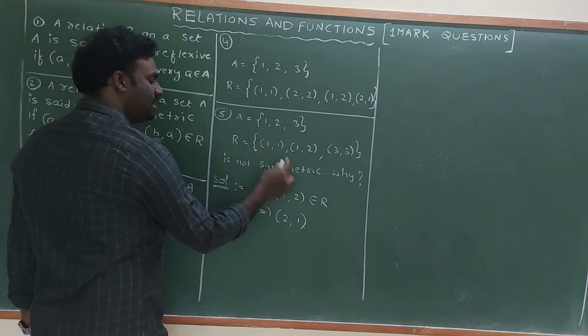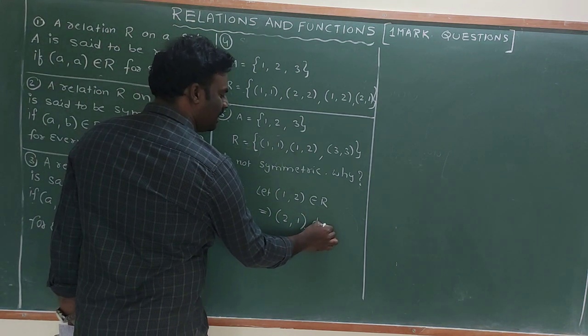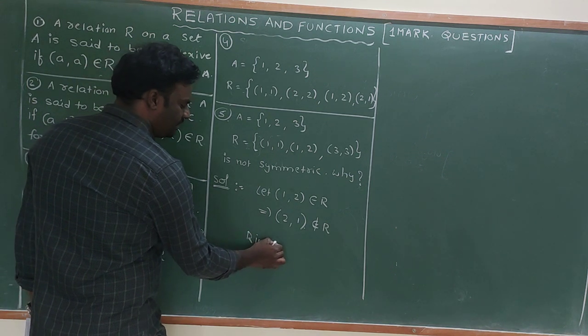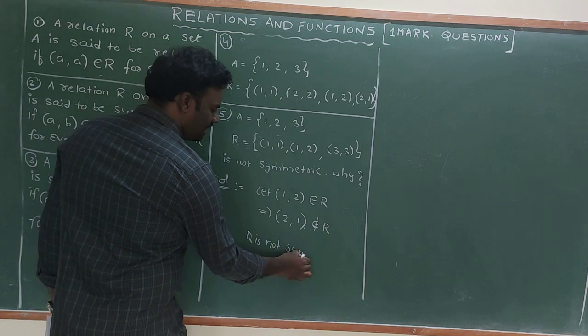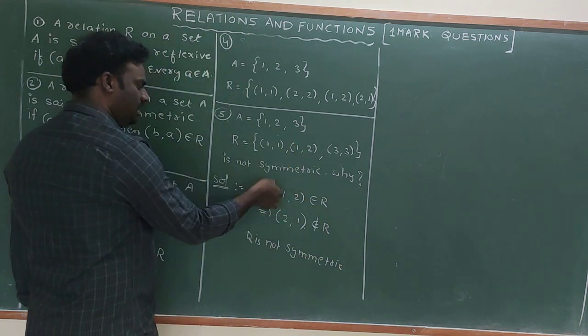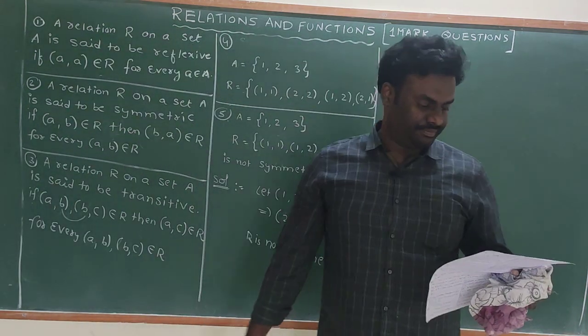But 2 comma 1 is not there in the relation R. Therefore, R is not symmetric. This is question, this is answer. Okay. Next.